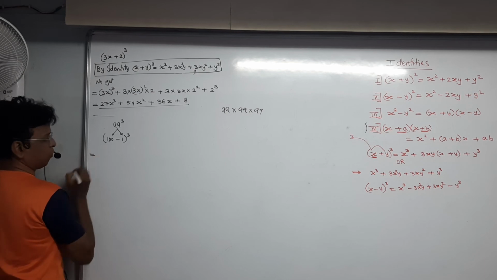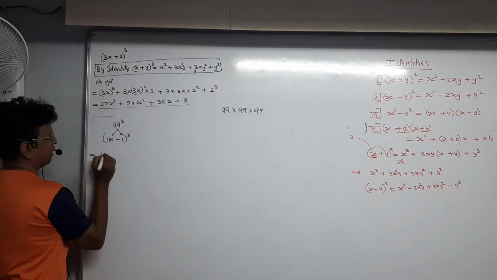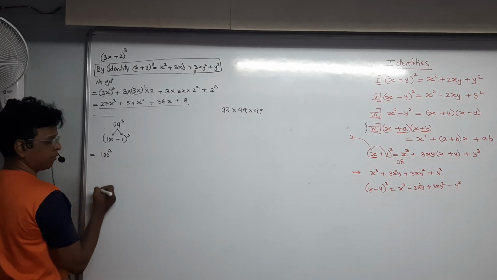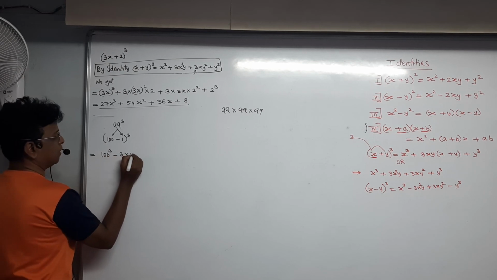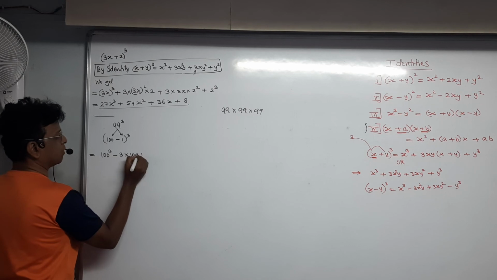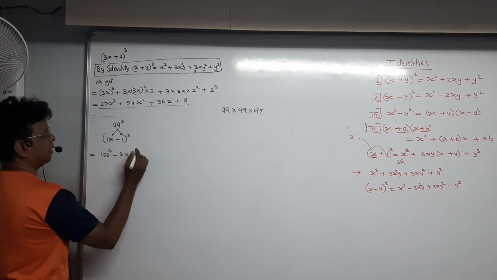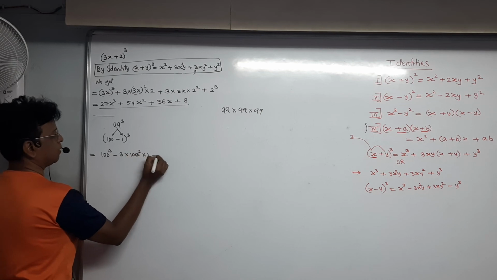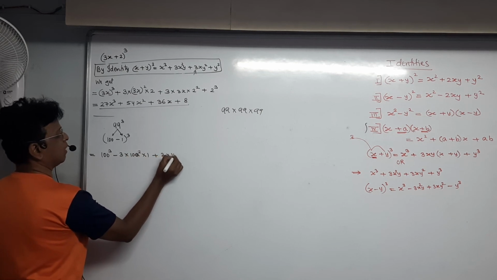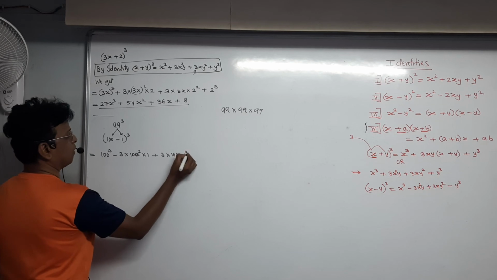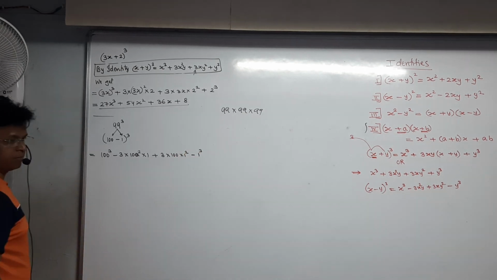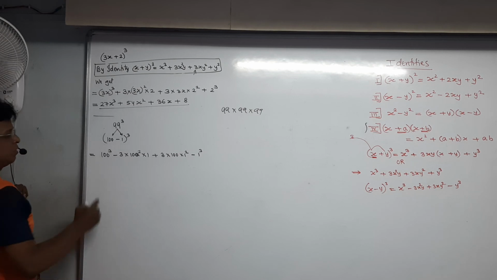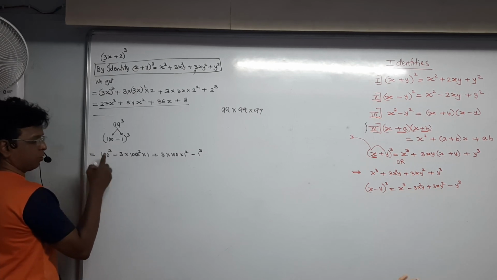Now if you solve this, what will you get? 100 cube minus 3 into 100 square into 1, plus 3 into 100 into 1 square, minus 1 cube. So this will become 100 into 100 into 100.